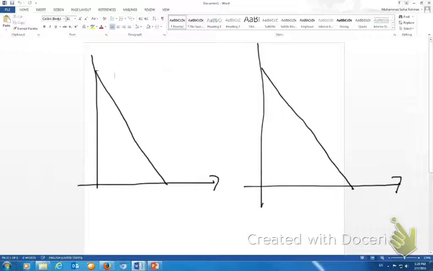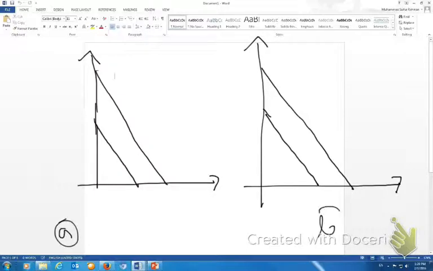And then I'm going to assume a downward shift as a result of the tax, so we have two cases, A and B. In case A, demand shifts from D to D1.